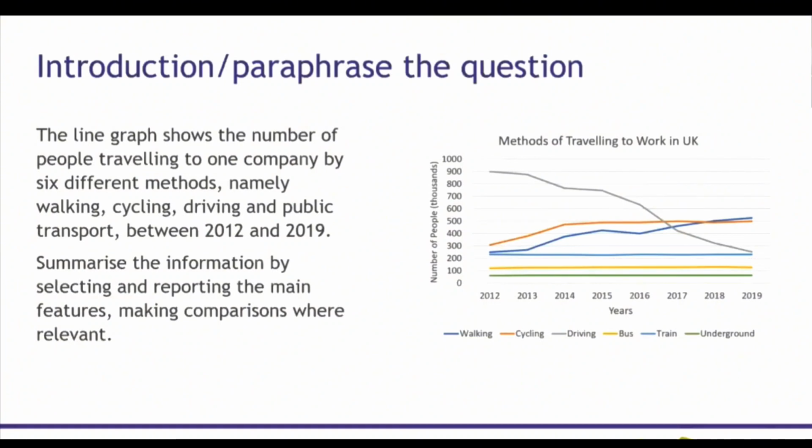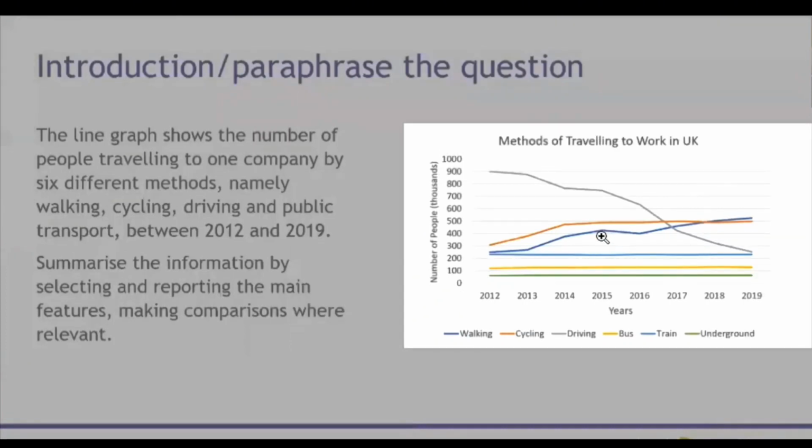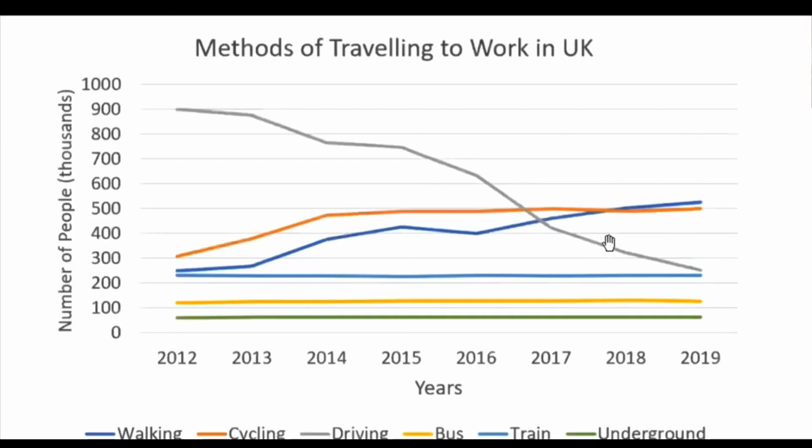So let us read here on the left-hand side. The line graph shows the number of people traveling to one company by 6 different methods, namely walking, cycling, driving, and public transport between 2012 and 2019. This is what the graph shows, and we're going to just zoom in here to show that.